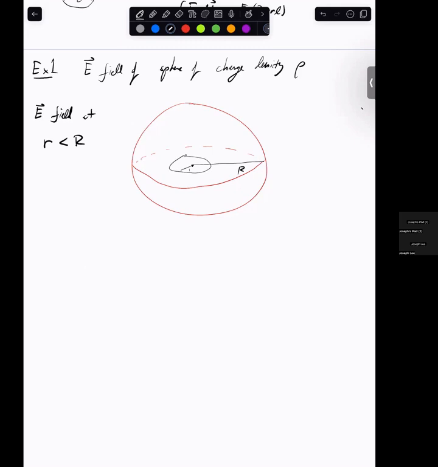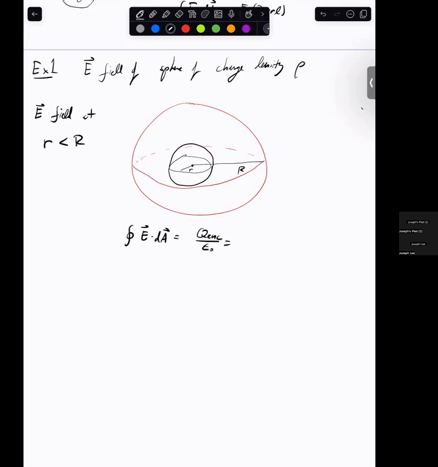We have this inner thing of radius r, and it's going to be a sphere. Since this is a uniformly charged sphere, I'm going to argue that the electric field along the surface of the sphere should be the same everywhere in terms of magnitude. With that argument, we have the integral of E dot dA, and by Gauss's law, this should be equal to Q enclosed over epsilon naught.